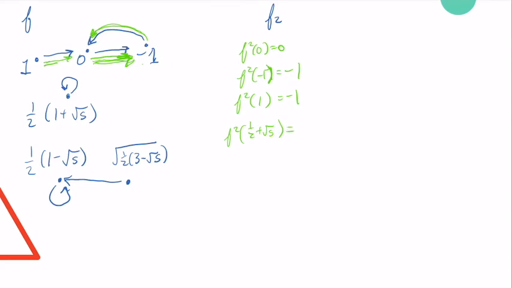Okay, so if I apply F1 once, it maps to itself. If I apply it again, this element still maps to itself. So that's not super exciting. Let's take a look at 1/2 times 1 minus the square root of 5. Well, this element mapped to itself, so it's going to continue to map to itself.